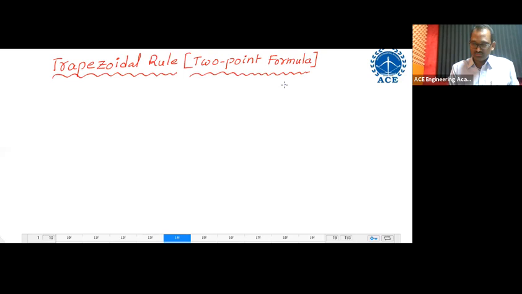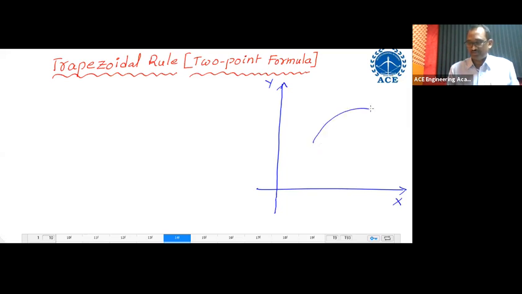And draw this curve. Why it is called the trapezoidal rule, I will let you know. First draw this curve. This curve equation is y is equal to f of x.